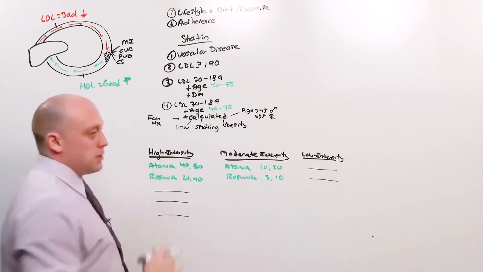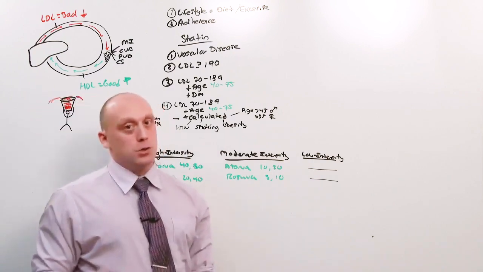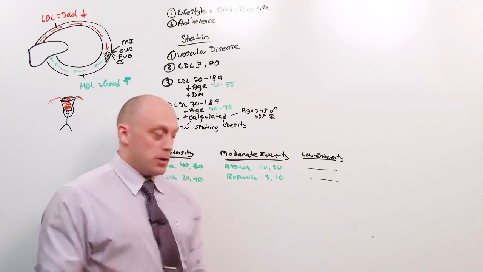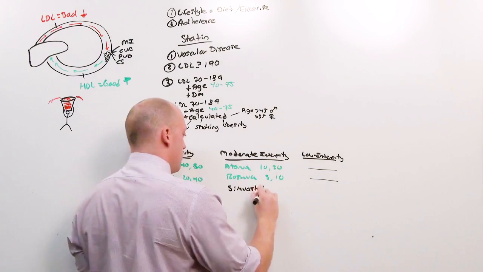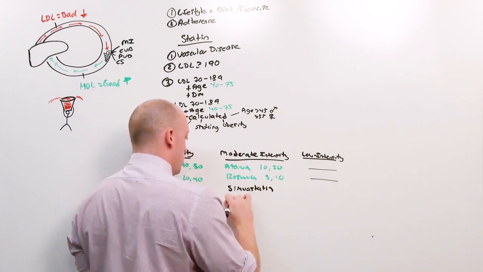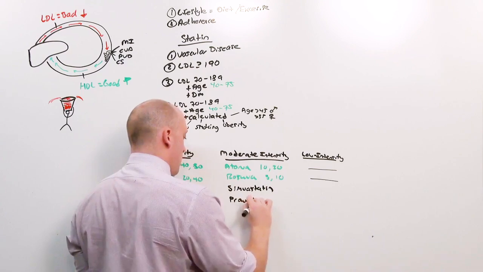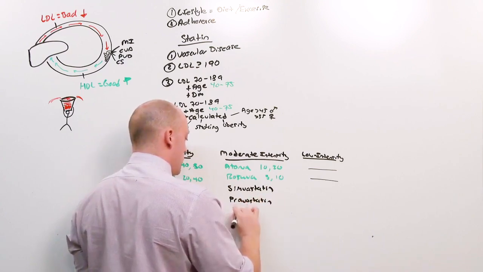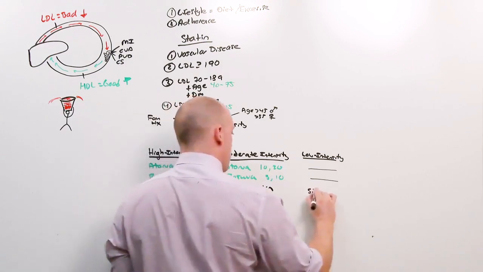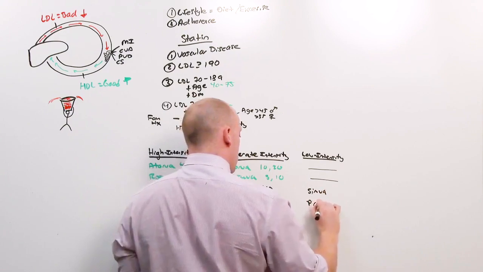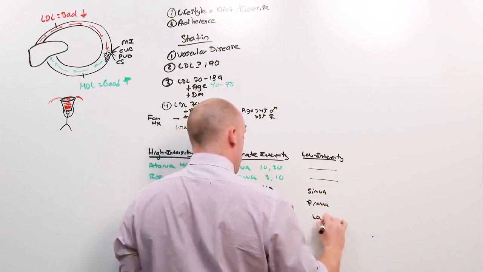So the other statins that you have, but you shouldn't necessarily memorize, are going to be simvastatin, pravastatin, and lovastatin. Simba, Prava, Lova.